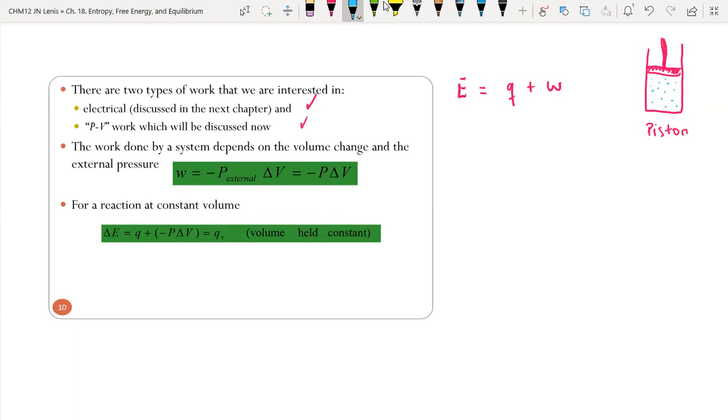Work is energy, right? Heat is energy. So we have two energies here that can be due to the transformation of internal energy. You have a gas with volume 1, and then you apply here a force.